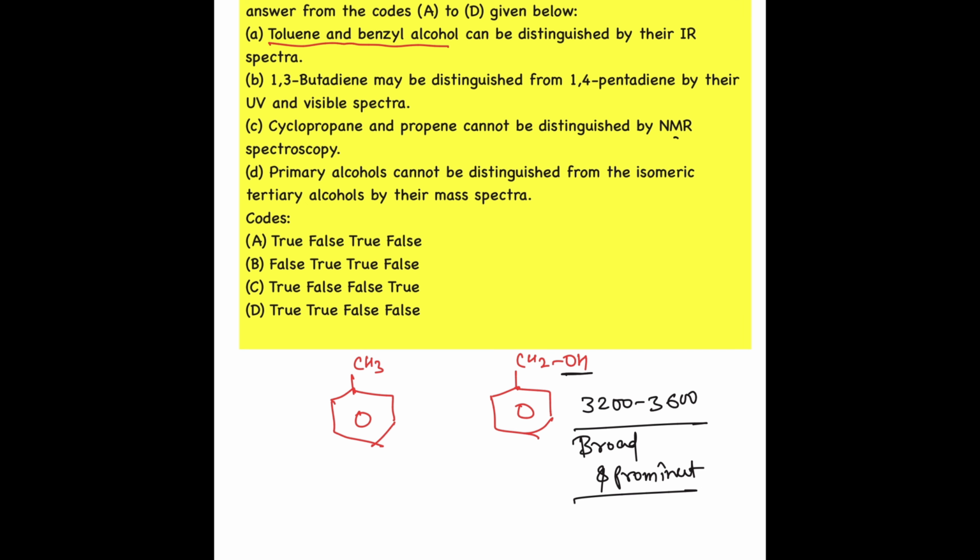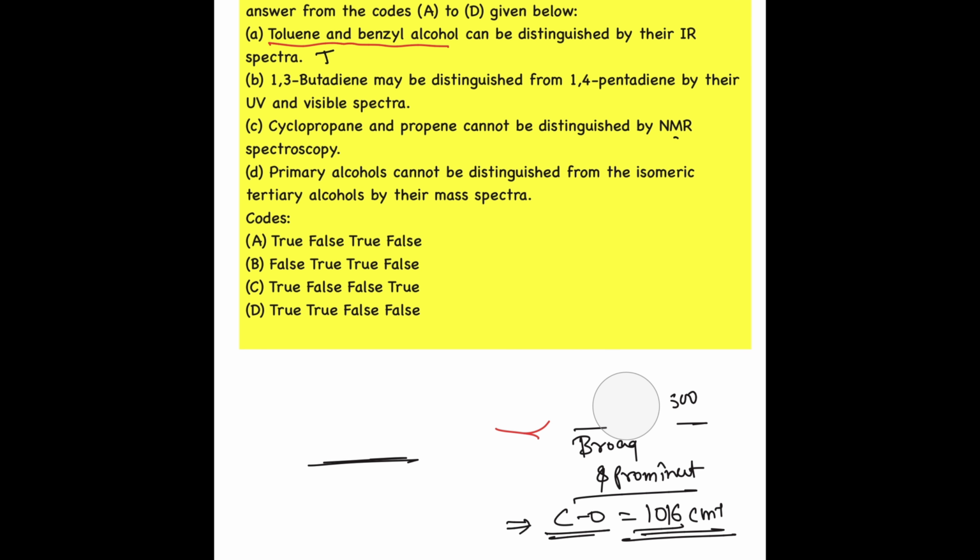That broadness will be absent in the case of toluene. There is also a C-O peak, a characteristic peak of benzyl alcohol, around 1016 centimeter inverse, right? So that is a basic characteristic difference, so the statement is true, we can easily distinguish these two compounds with the help of IR spectra. Number one is true.